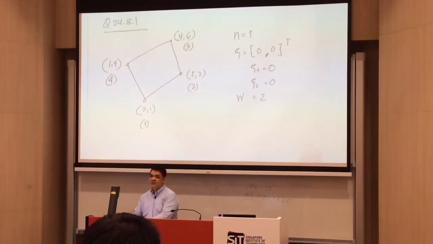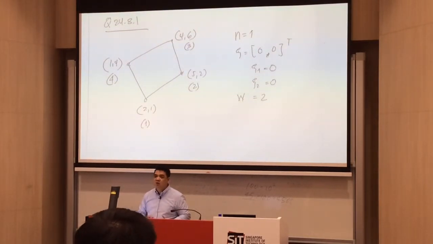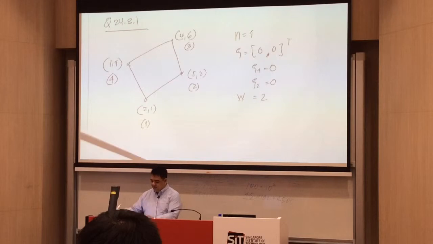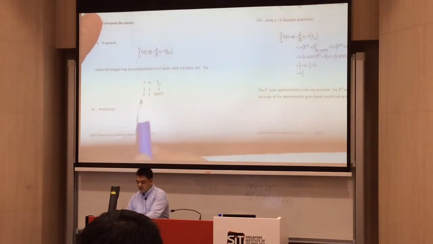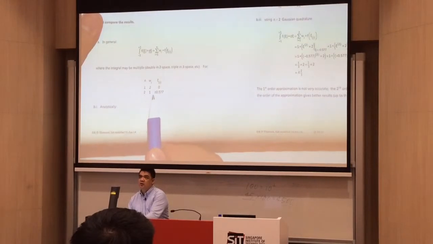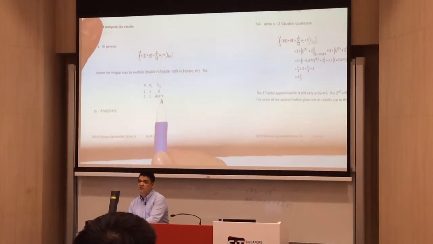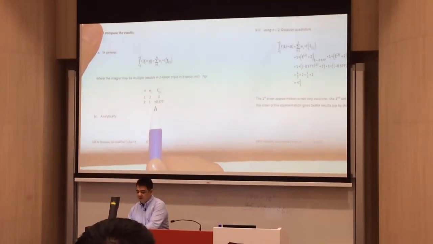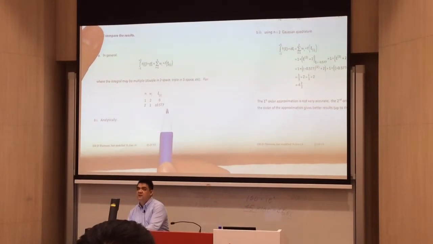This is specific for this example only. You can use different values wherein N is equal to 2, weight is 1, and c1, c2 will be negative 0.577 and positive 0.577 respectively.